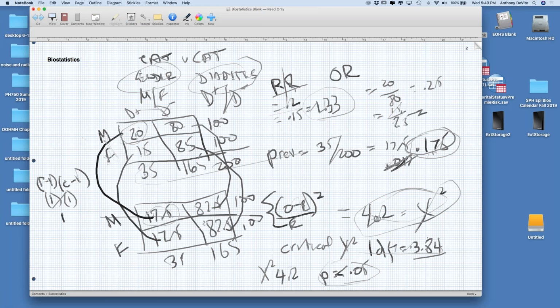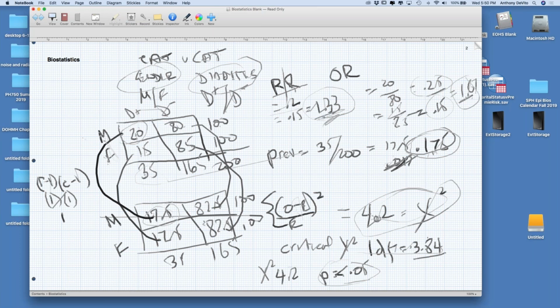I don't know exactly what that equals, so I'm just going to estimate, say 0.15, just a wild guess. So the odds ratio is the odds for males divided by the odds for females, 0.25 over it, and it's going to be equal to 1.67, let's say, for argument's sake. So that's our odds ratio, and that's our relative risk. Both of them indicate there's greater risk for males, and the odds are greater for males that they're going to get diabetes. So that's how we're looking at that.